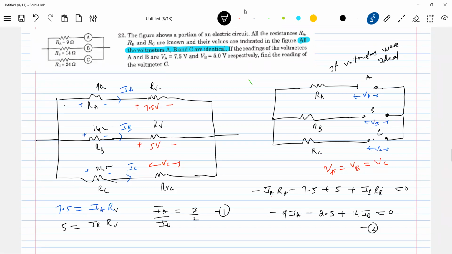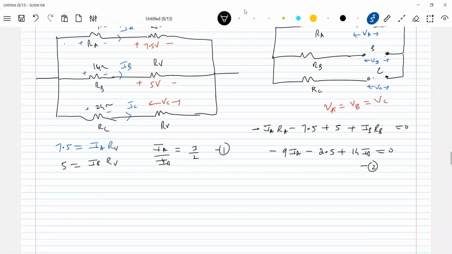Solving this, I'll get IA and IB. Once I know IA and IB, I'll calculate RV, substitute here, and after knowing RV, I'll apply KVL to get IC. Then I know the RV value, and I'll get VC.